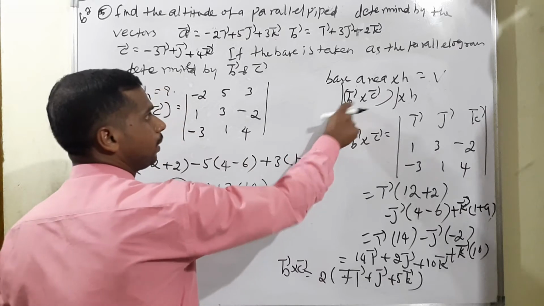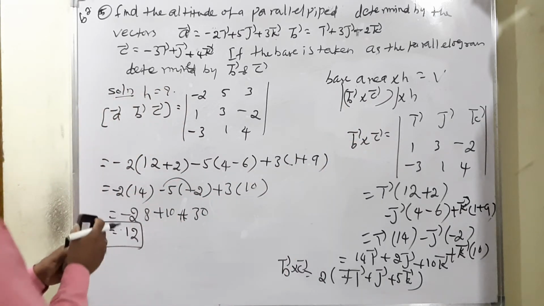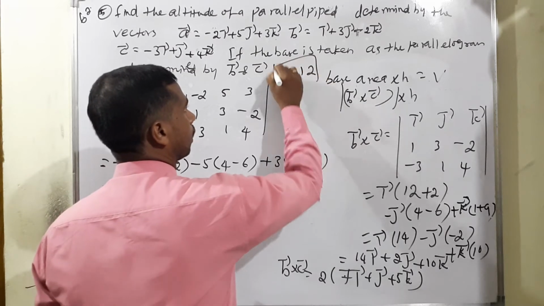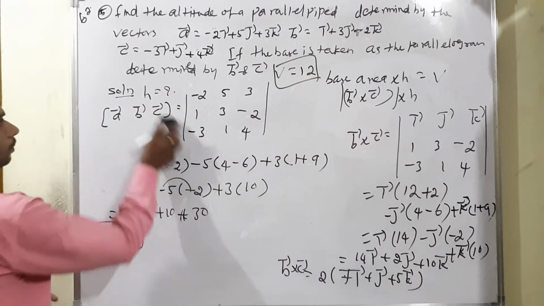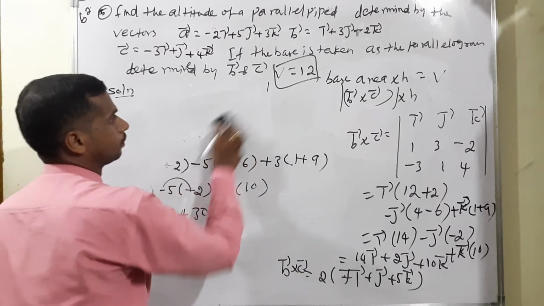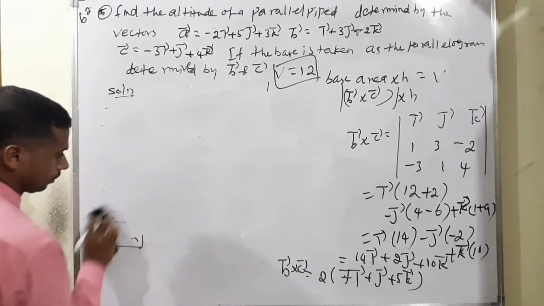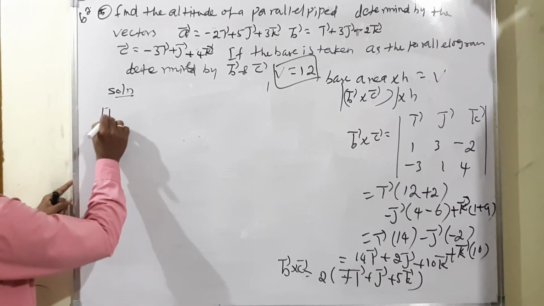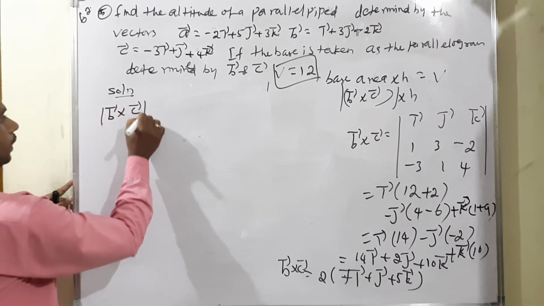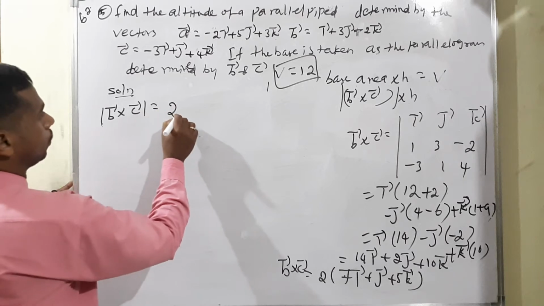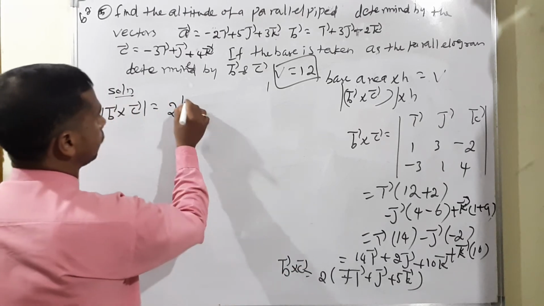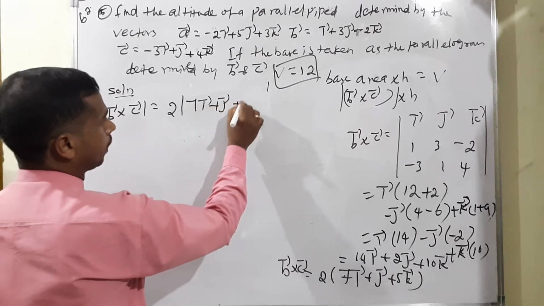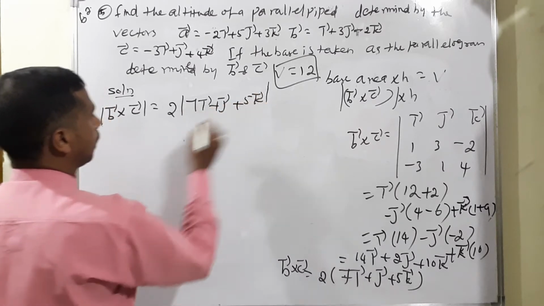We need base area means modulus, isn't it? Volume we need, I have written it here, volume is equal to 12. So modulus of b vector cross c vector is equal to modulus of 7i vector plus j vector plus 5k vector.